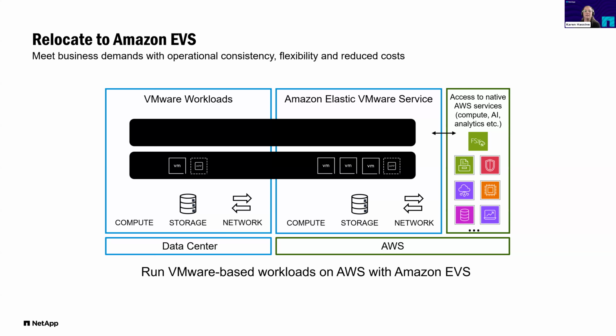Coming back to my last answer, we mentioned that EVS actually runs a fully functional VMware Cloud Foundation suite within a customer environment. And that creates a like-for-like experience to what we have within the on-premise data center.